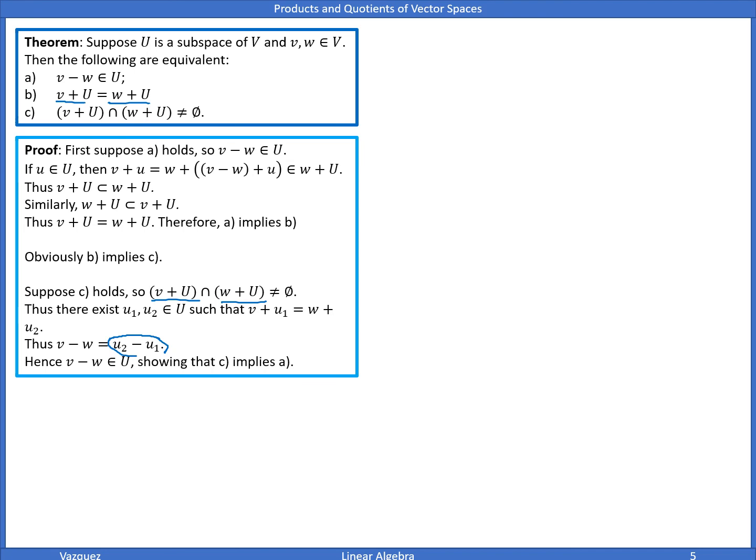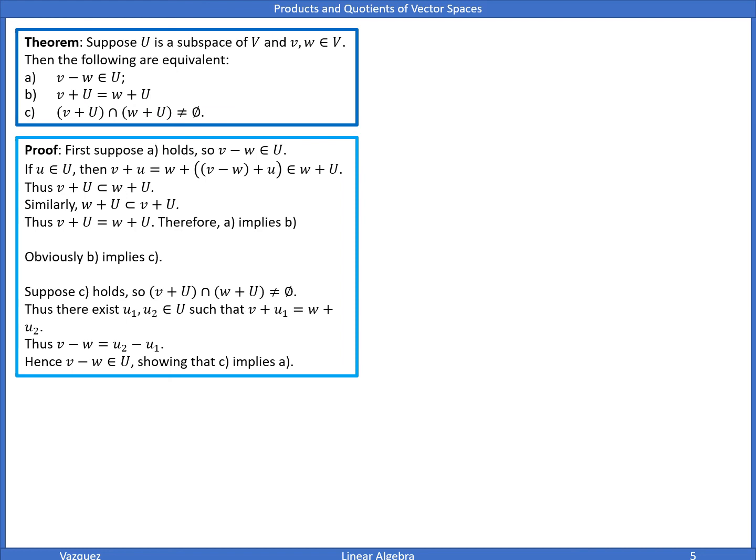Therefore, v minus w is in U. We use a subspace so we know it's closed under addition. We get that C implies A, and therefore all of them imply each other, so they're all equivalent.